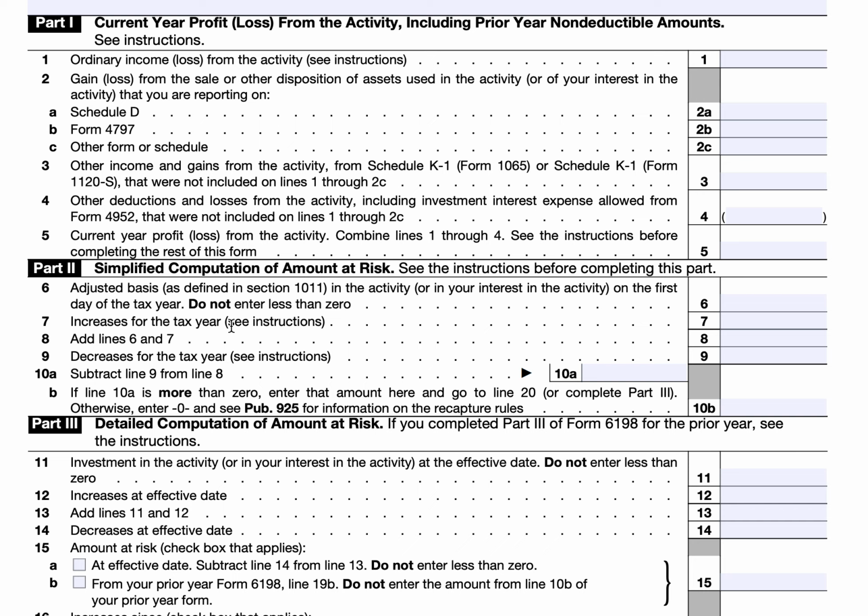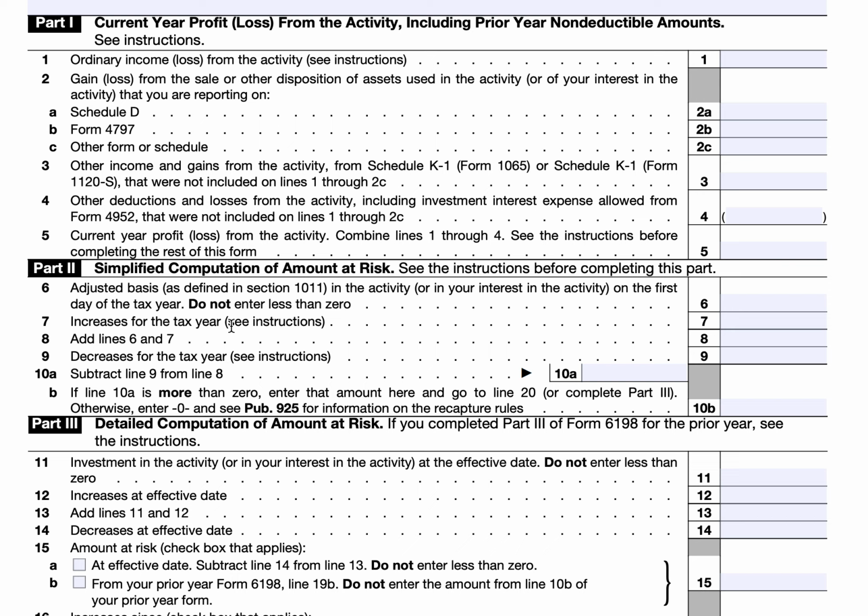So if there's an increase in cash, or if the adjusted basis of any property that you contributed goes up during the tax year, then it would make sense that your basis for this goes up as well. 3, any loans that were used to finance the activity, acquire property used in the activity, or to acquire your interest for which you are personally liable, and qualified non-recourse financing.